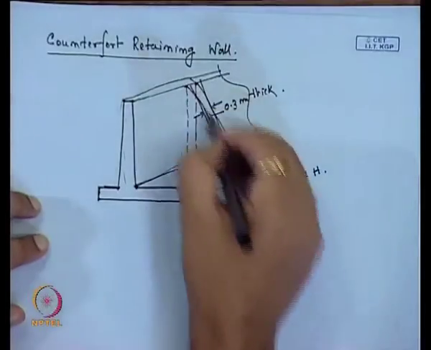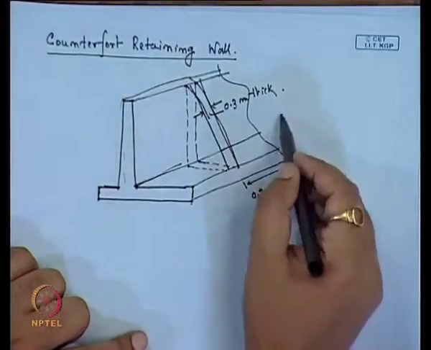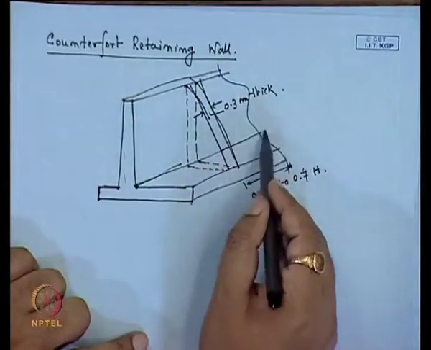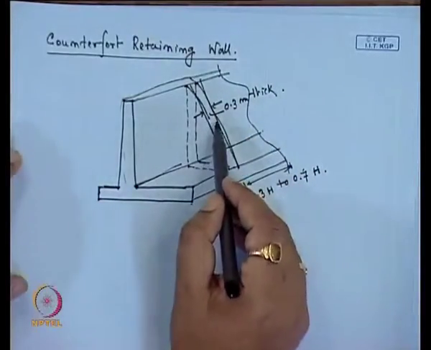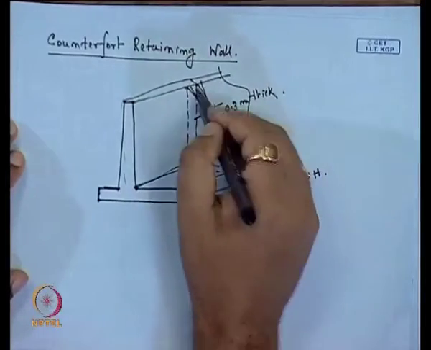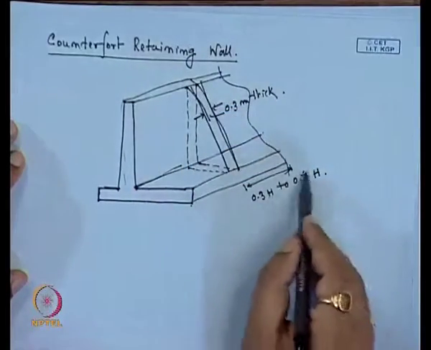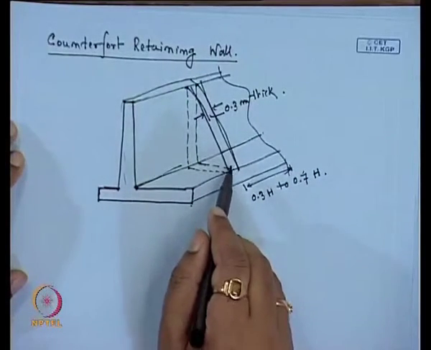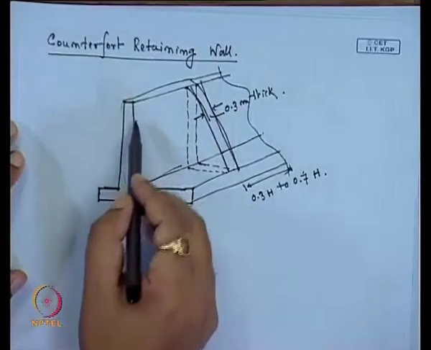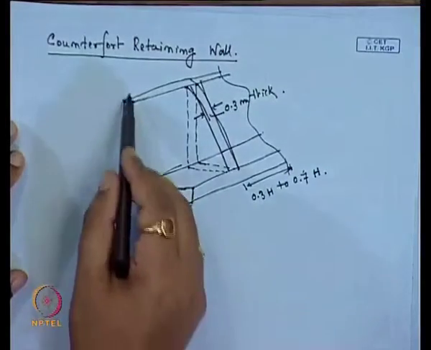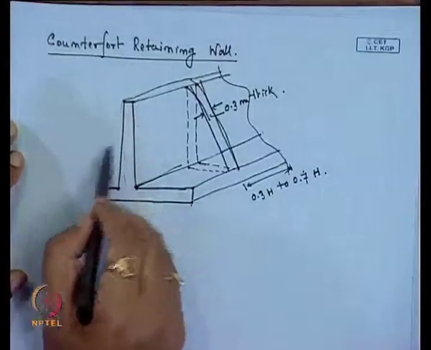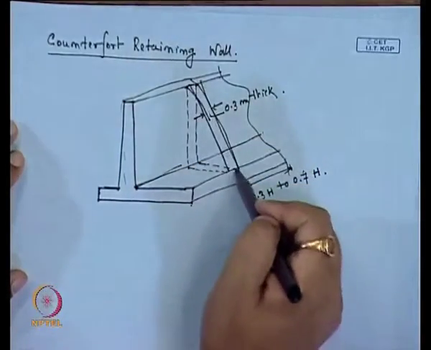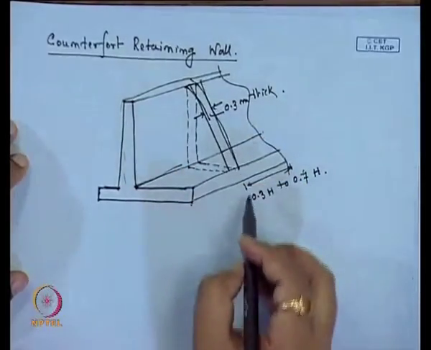When we are designing this retaining wall, we have to design the base slab. The idea of using the counterfort at a certain spacing is to reduce the induced bending moment and shear force in the base slab as well as in the cantilever slab. That we will have to design when we consider the reinforcement part.